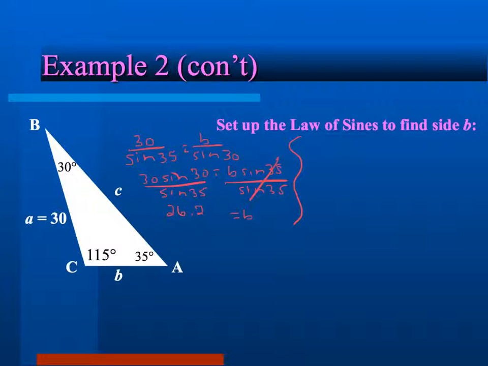To get little c by itself, I'm still using little a and angle A, because little a was the only side that was given.